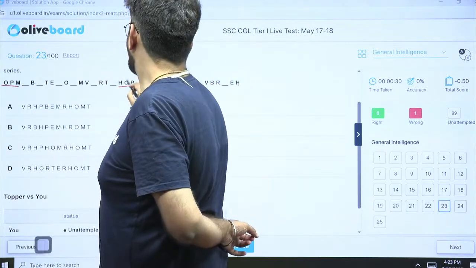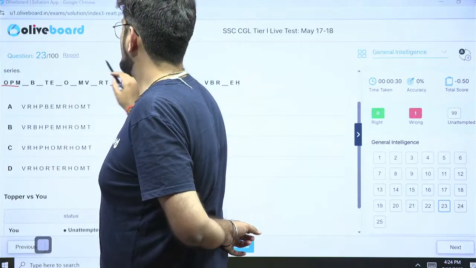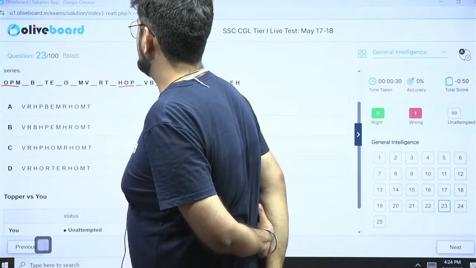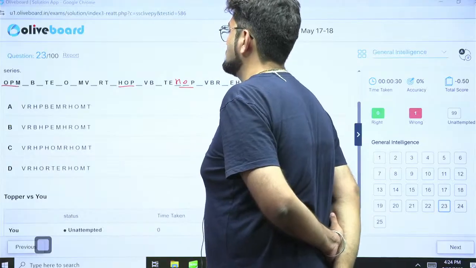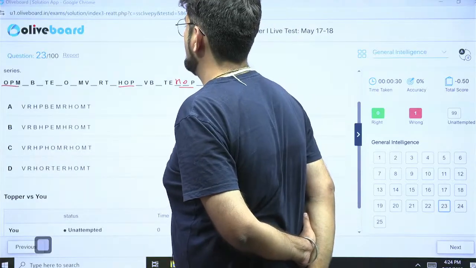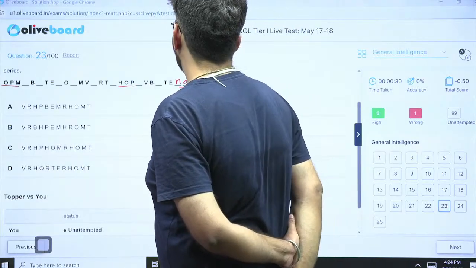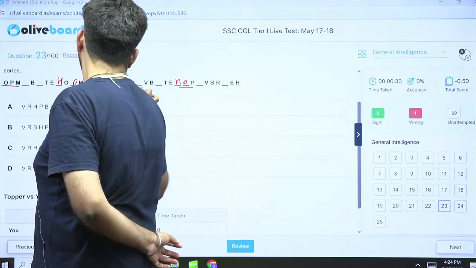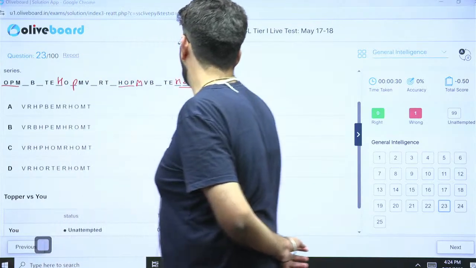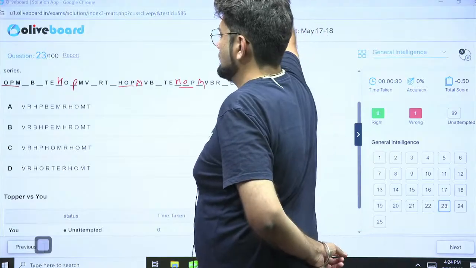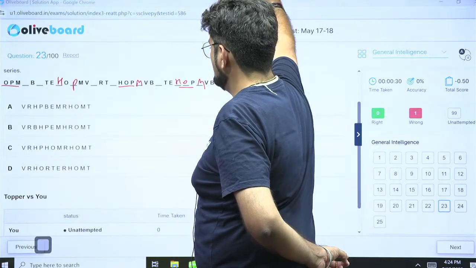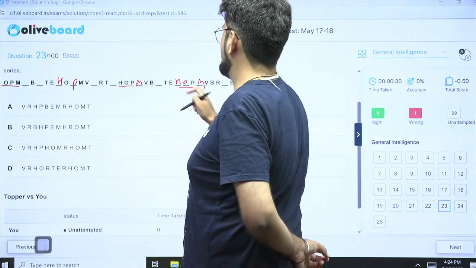HOPM HOP dash VB, but HOP dash VB is not making sense. HOPM HOP, we can still have it here. HOPM HOPM HOPM. Can we do that? Dash B dash V dash B dash V. Okay, making sense.